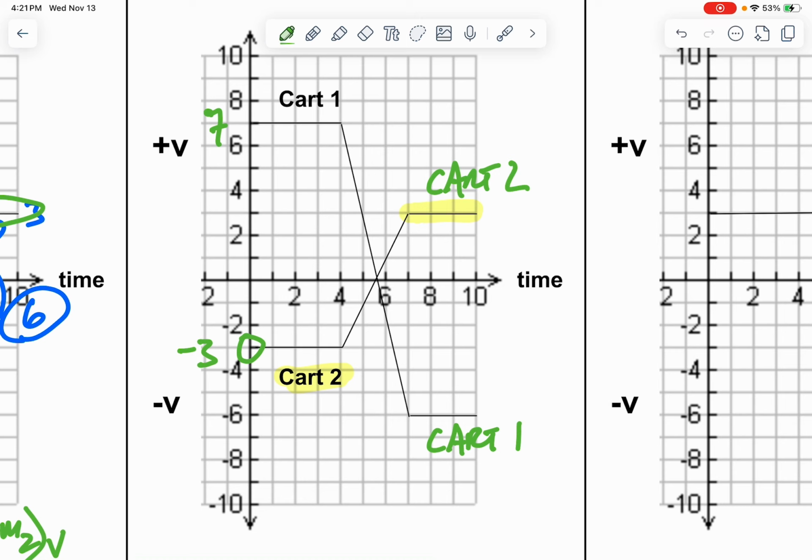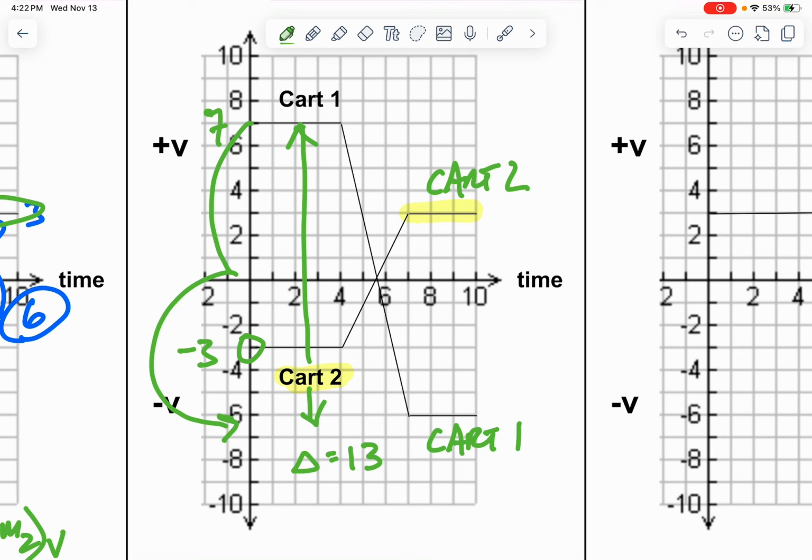It went from 7 to 0, and then it went all the way down to 6 here. So cart 1 made a change all the way down here, and so 7 plus the 6, it had a change of like 13 in terms of going forward and then moving backwards.